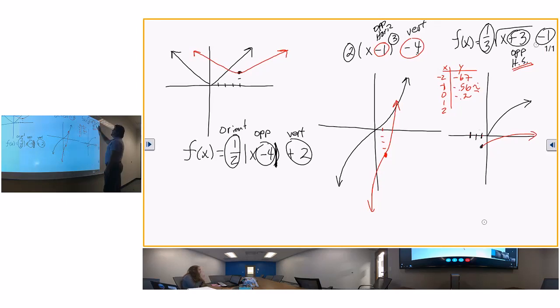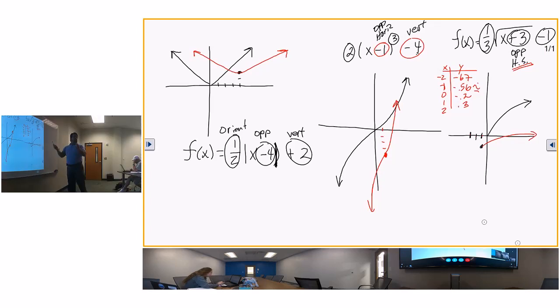1 plus 3 is 4. Square root of 4 is 2, divided by 3 is 0.67, minus 1 is -0.33. So it's growing. If you think about the 3 as part of the function, you can't do that. But what you can do is think of 3 as a horizontal shift, and you can just move it over.